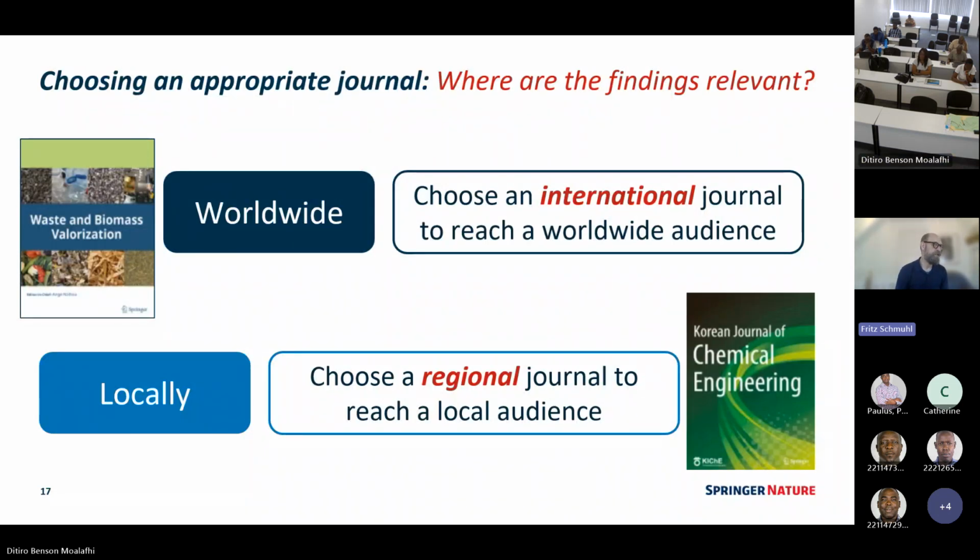If, as I mentioned earlier, the research has an application that could be used in different settings, you will go for an international audience. However, if the research really has great impact for regional or local audiences, then it is better to focus on a journal that has a more regional footprint.